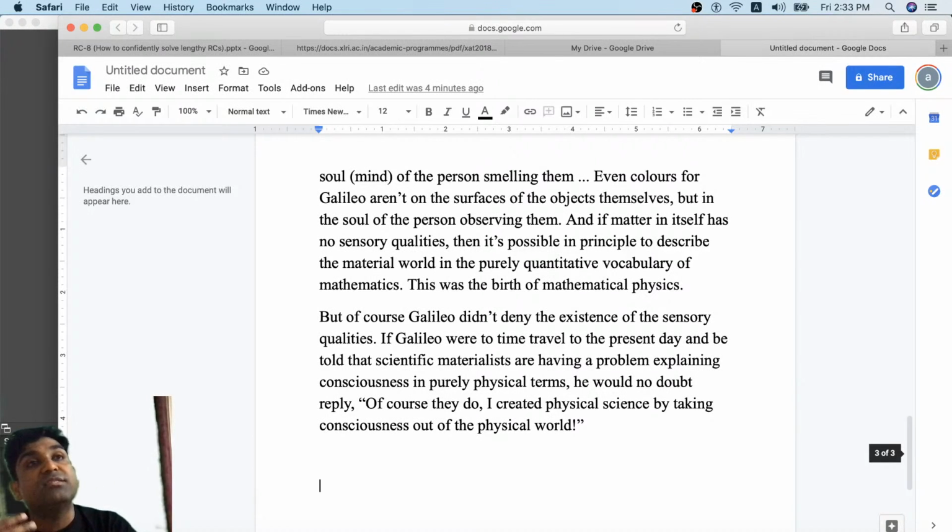Similarly, consciousness has also been removed from the physical state and has to be seen from the deeper, soul level of our being, and that is how he would term the problem. So there has to be a different dimension of looking at the problem from Galileo's standpoint.